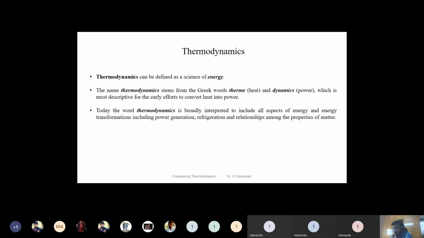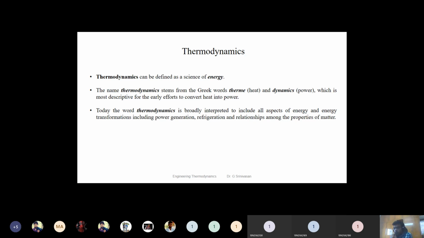There are wide applications, so we see it everywhere. Even in fluid modeling we need these thermodynamic equations. That is why the subject is the foundation for fluid mechanics or any subject. So this is very important.